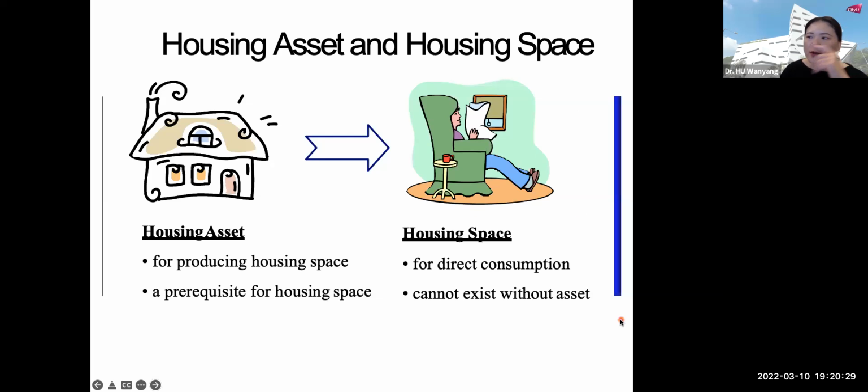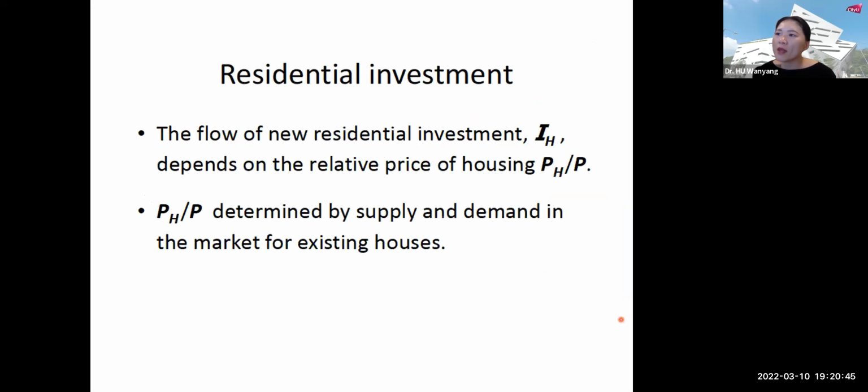But if you look at housing as a space, then we consume it, and without the asset we don't have space. So this is more like a philosophical conceptualization about housing as an asset and housing as a space.